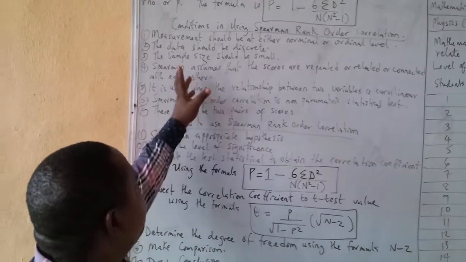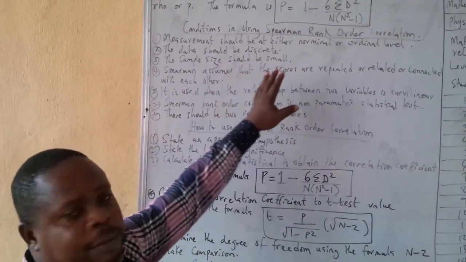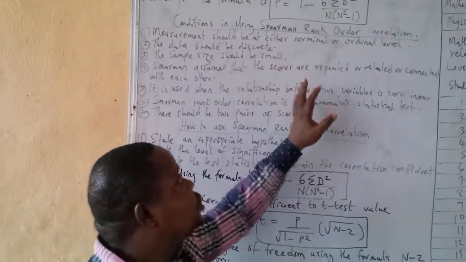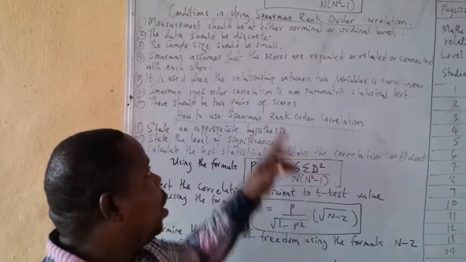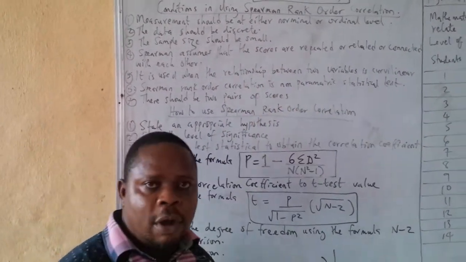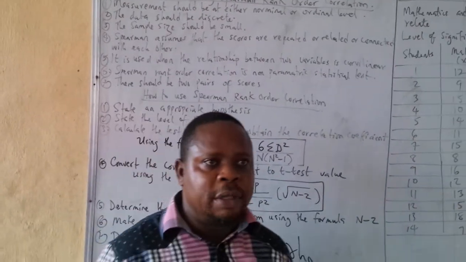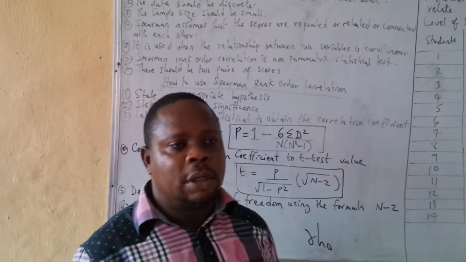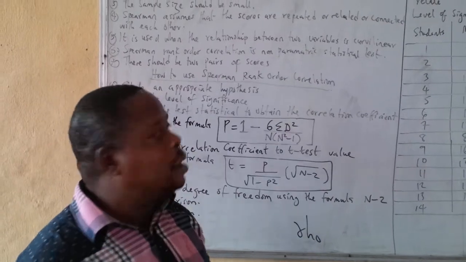And then there are some conditions under which this method can be used. Number one is that measurement should be either at nominal or ordinal level. Of course, you remember that when we talked about Pearson product moment correlation method, we did mention that measurement should be at interval or ratio scale.